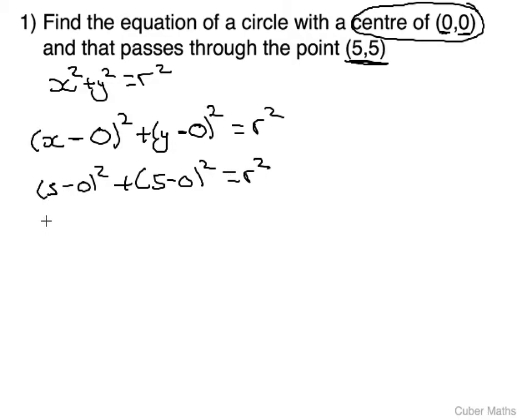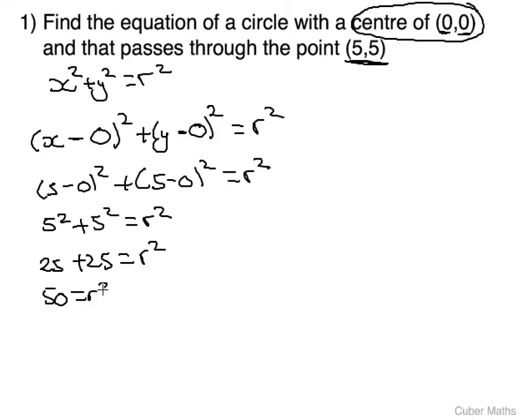So 5 take away 0 is just 5 squared, plus 5 squared equals r squared. We can simplify that further, so 25, which is 5 squared, plus 25 is equal to r squared. 25 plus 25 is 50, so 50 is equal to r squared.